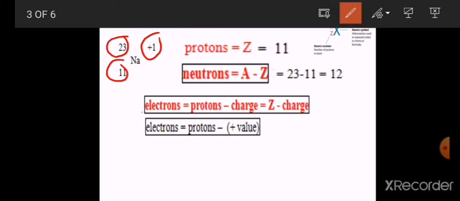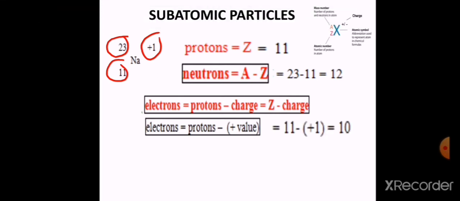So, 11, ang proton natin ay 11 minus the positive 1 charge, so that is 10. So, ulitin natin, ilan ang ating protons? Okay, 11. Ang ating neutrons ay 12. Ang electrons naman ay 10 lang.